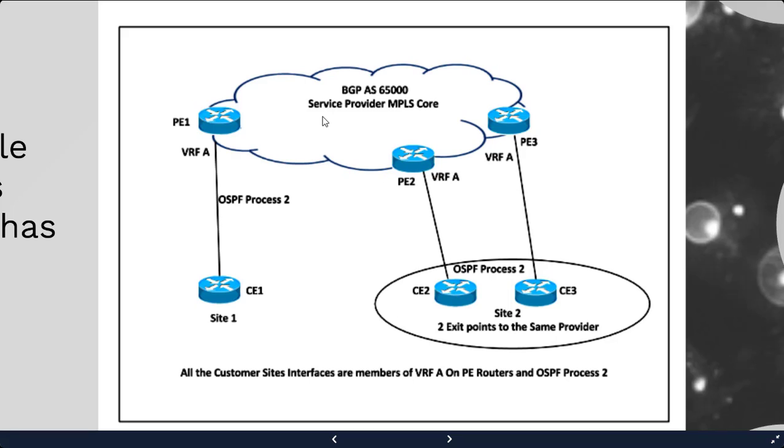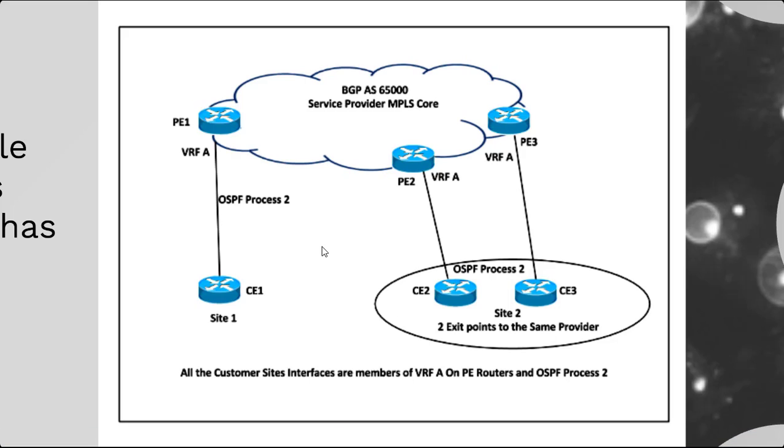If it finds the shortest path, that's the time that it sends the data to the CE2 router. Okay, so that's just a quick overview of how OSPF works.